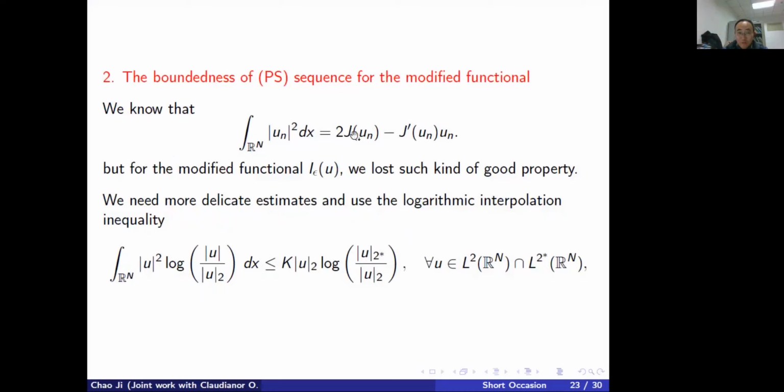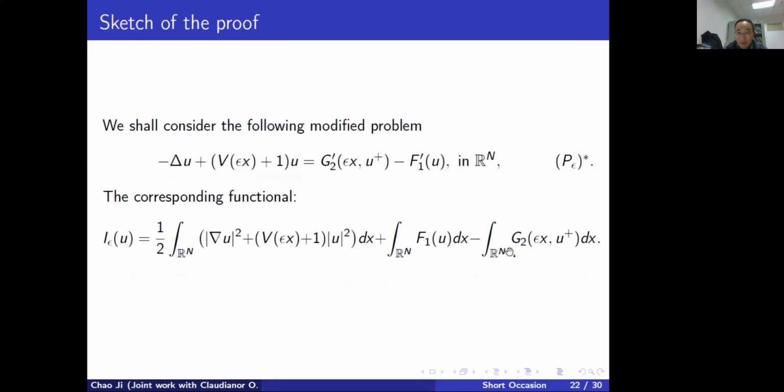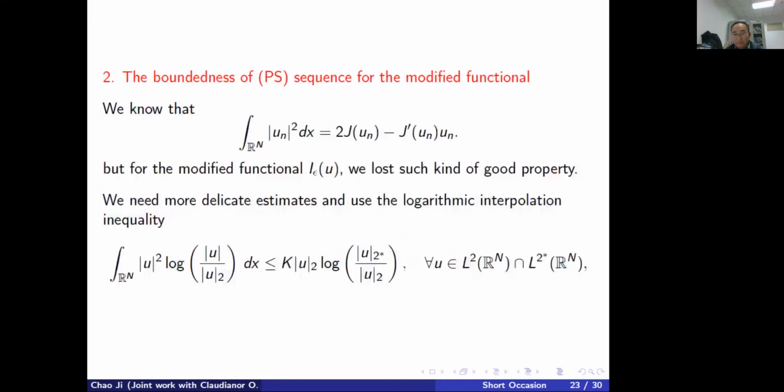For the original functional, it's very easy. But if we make a modification for this functional, it's very hard to prove that there exists a unique T such that Tu belongs to the Nehari manifold.